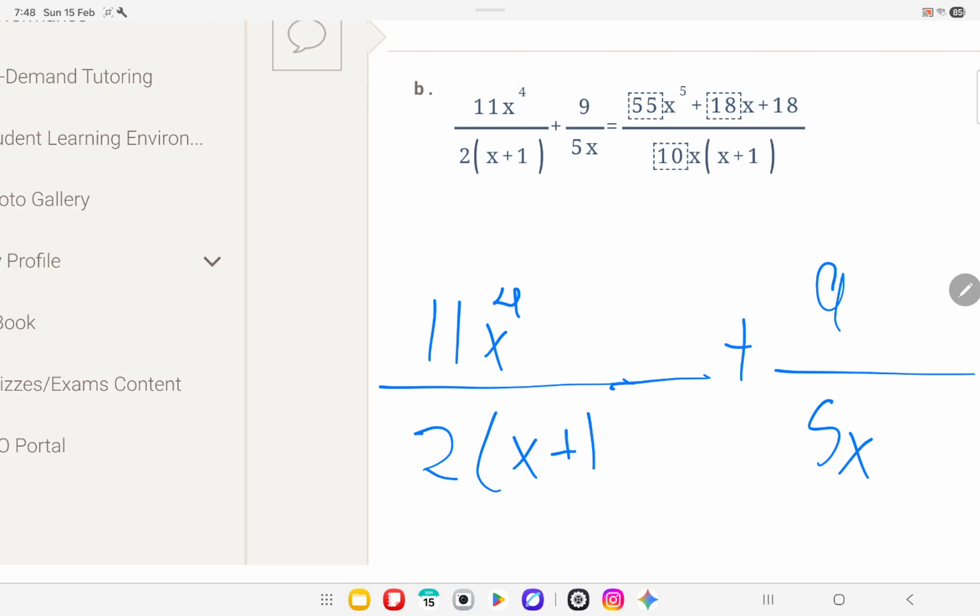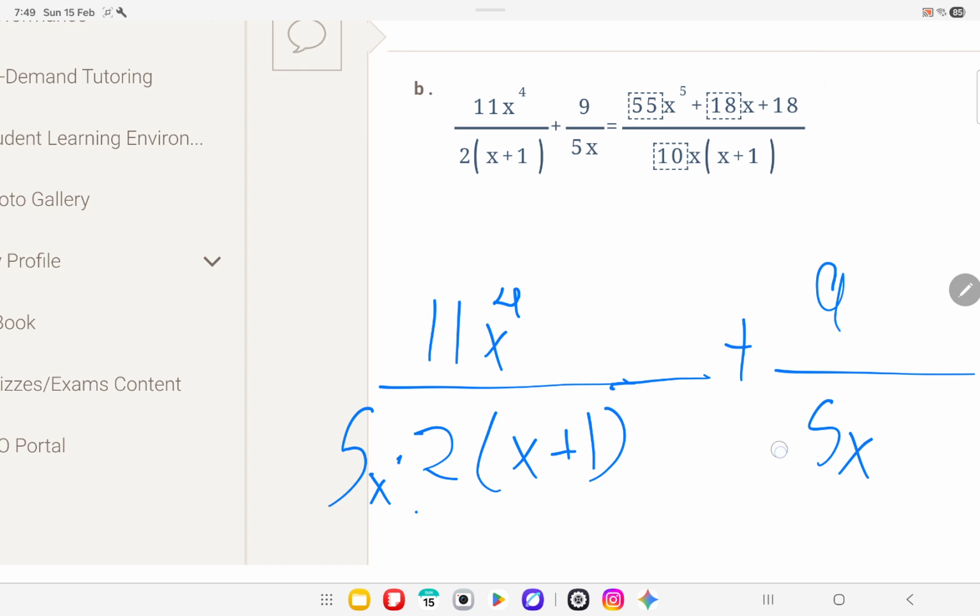Let's make it the same denominator first. We know that this side is missing 5x and 2. What is the least common multiple? It's 10, so it'll be times 5, and we're missing an x here, so it'll be times 5x. And here it'll be times 2.